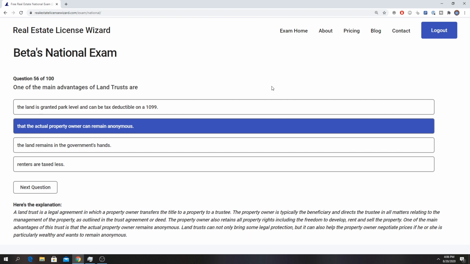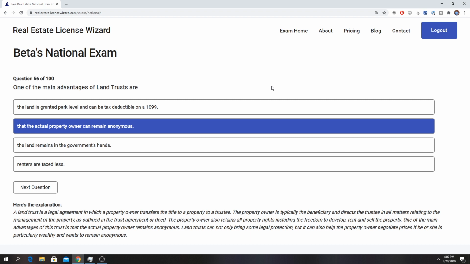That's one of the biggest advantages of having this trust: you can remain anonymous. That's what Disney did, and throughout history, a lot of big names, big wealthy people have done this, also to have some sort of protection. If you think about it, if a celebrity wants to buy a house, they don't really want to publicly say that they bought the house, because then they might get weirdos or stalkers, things like that.